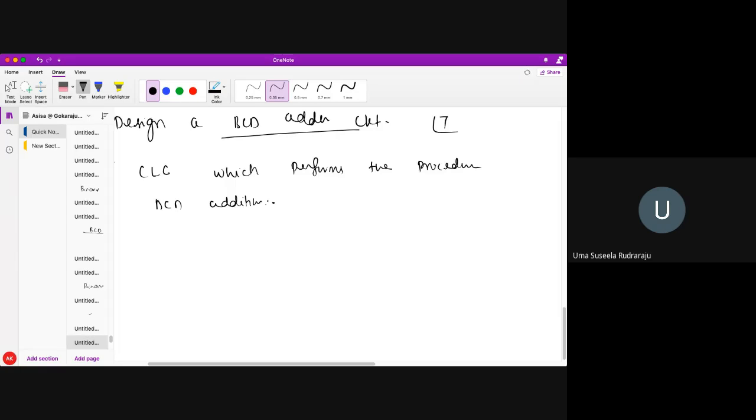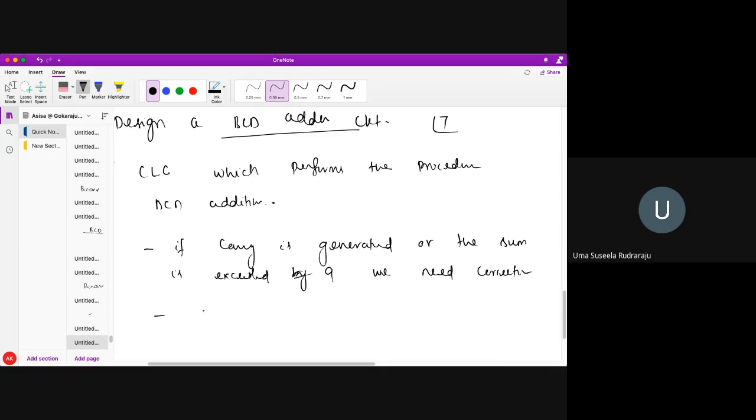If carry is generated or the sum exceeds 9, we need correction. So what is the correction here? The correction would be by adding 6. So this is the procedure.